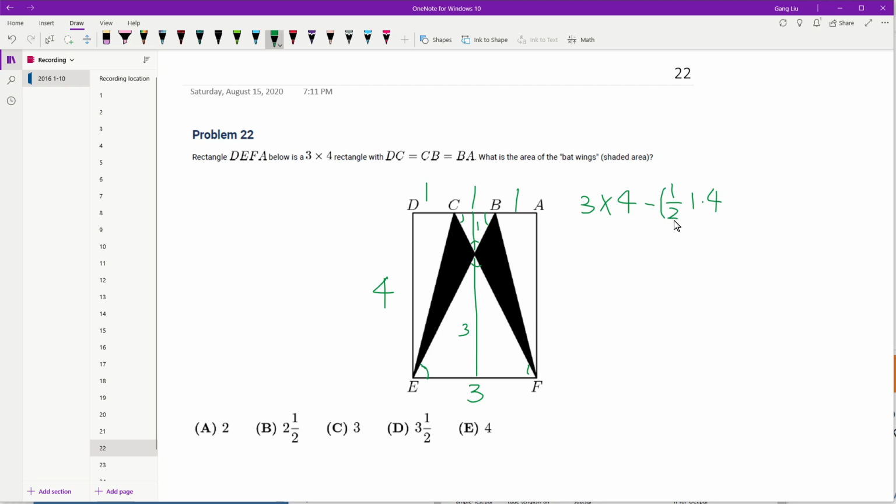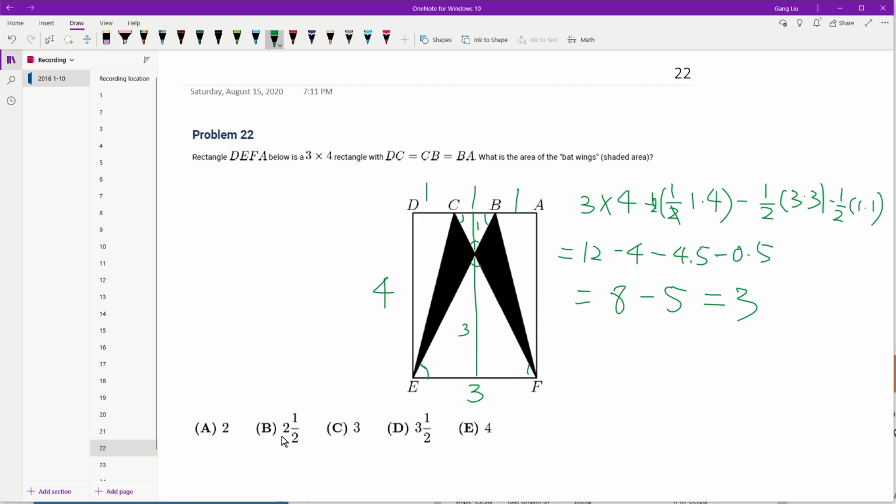I have 2 of those, and then I have to minus 1/2 times 3 multiplied by 3 and minus 1/2 times 1 multiplied by 1. This equals 12 minus 4 and minus 4.5 minus 0.5, equals 8 minus 5 equals 3.